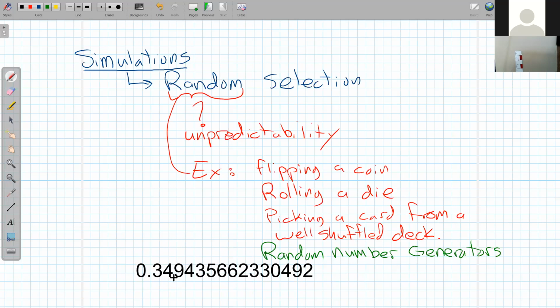So let's see, how many do we have? We've got 2, 4, 6, 8, 10, 12, 14. There are 15 places here in this random number. Each place here could be a 0, 1, 2, 3, 4, 5, 6, 7, 8, or 9, right? So I have 10 digits. So I have 15 places with 10 digits each.